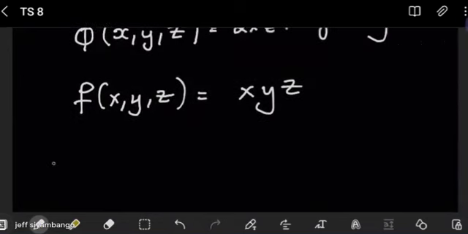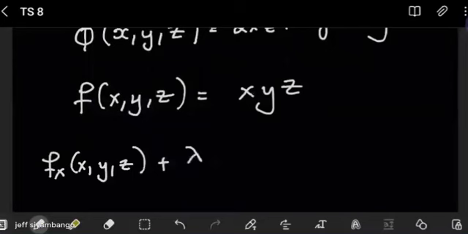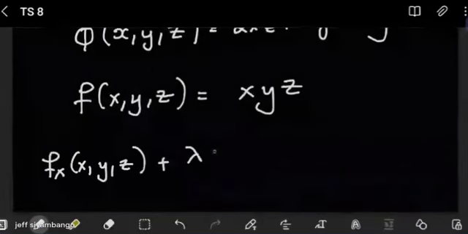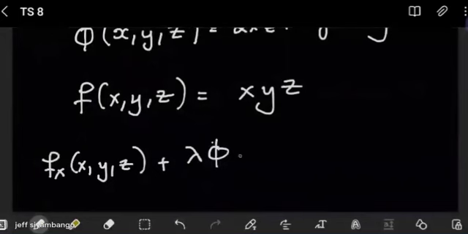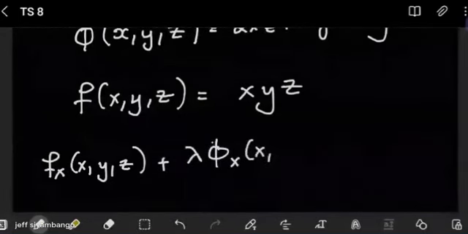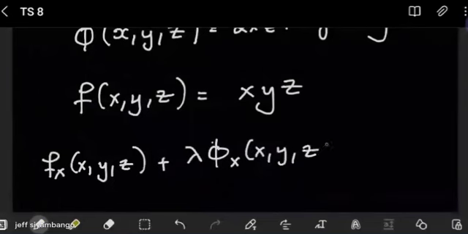You have to get the partials. Remember how it goes? Get the partial with respect to x of that function, and then plus the multiplier, and this multiplies the partial derivative of the constraint, which is also a function of x, y, and z.